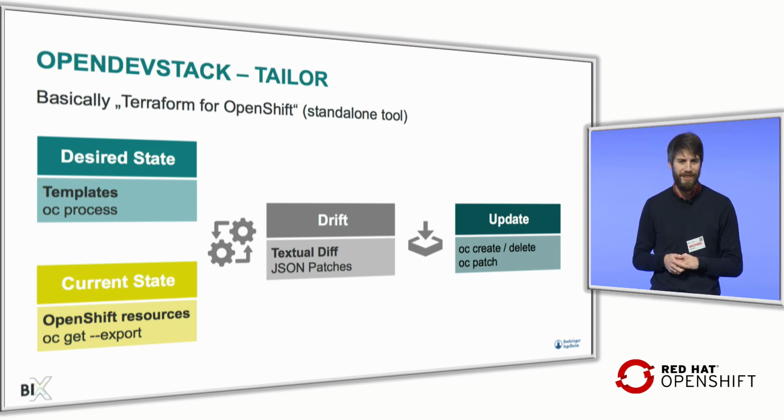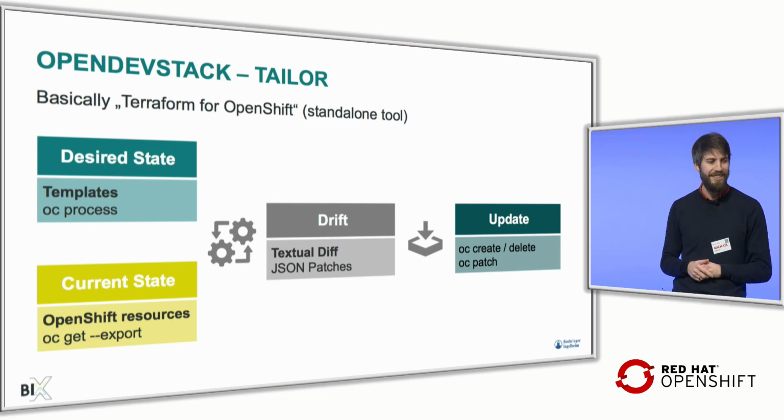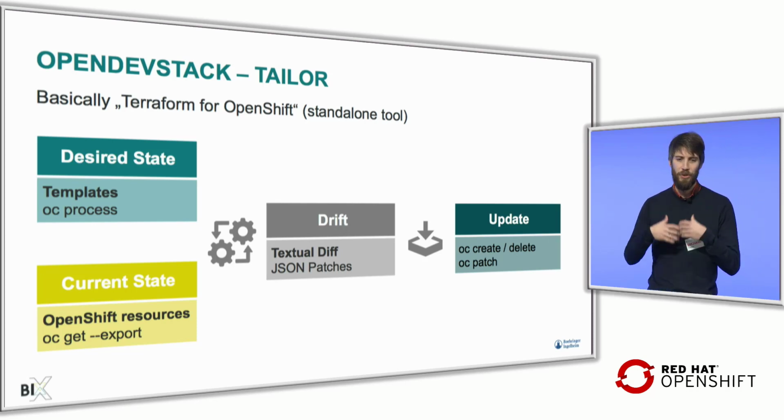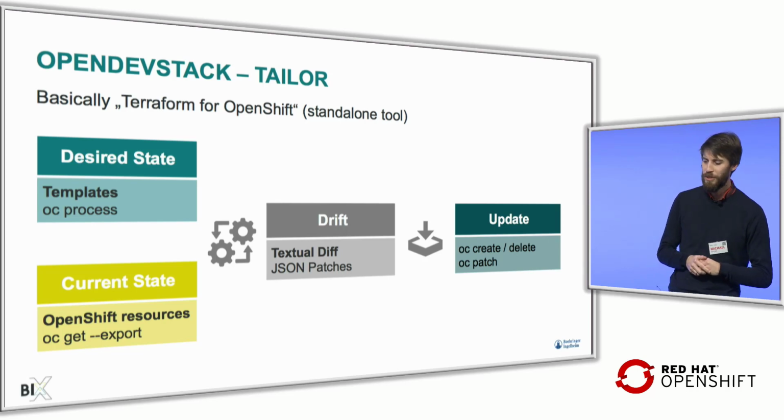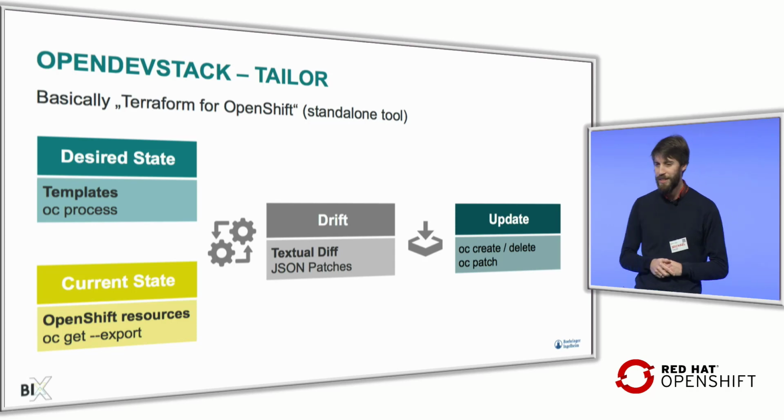It doesn't have a nice OpenShift target, so to say, where you can manage your deployment config or your build config via code. I think this is partly because there is some weird mixture between config and state in the resources in OpenShift.